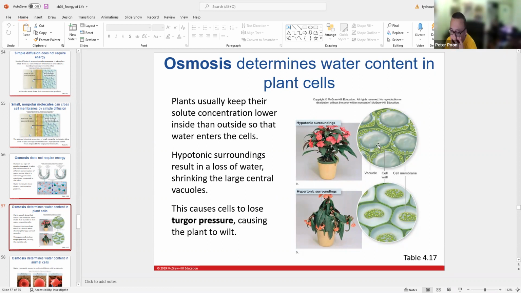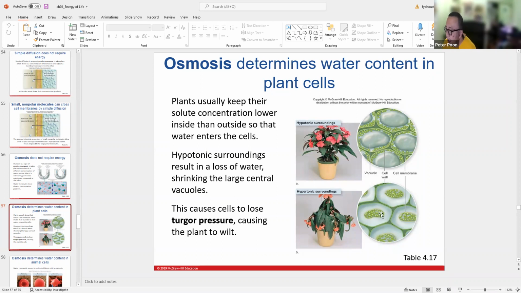Okay, so when a plant is healthy, this central vacuole is getting bigger and bigger and actually pushes against the cell wall, and that keeps the plant rigid. Okay, if you give it salt water, or if you don't give it water at all, the water will eventually leave the vacuole through evaporation, and it will cause the cells to shrink away from the cell wall.